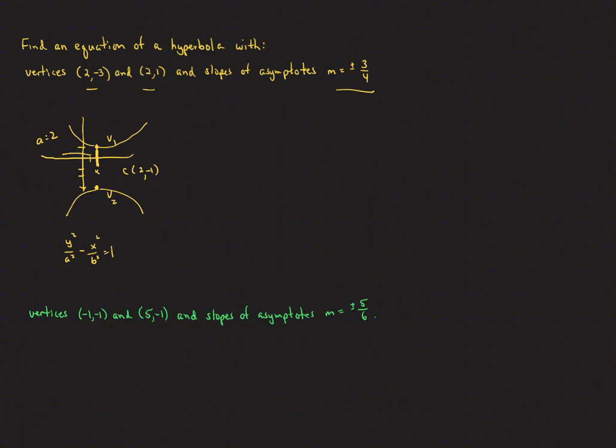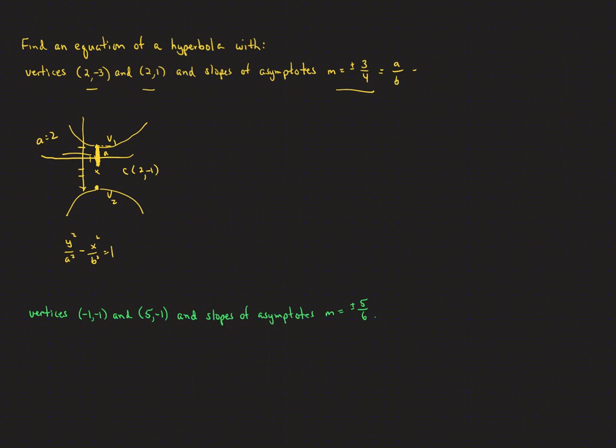Now remember, the slope of the asymptote will be different. It'll be either a over b or b over a, depending on whether the hyperbola opens up and down or right and left. Since our hyperbola is opening up and down, this is going to be the a, and so the b is going to be the horizontal. So we're going to get that our slope is a over b.